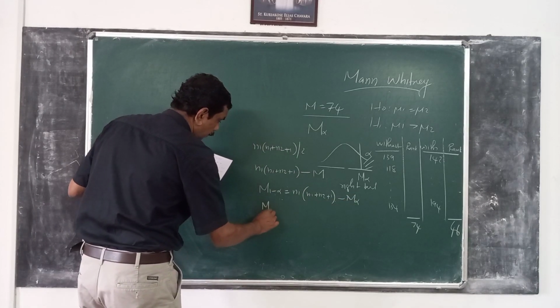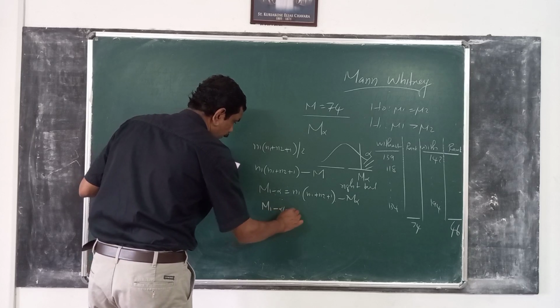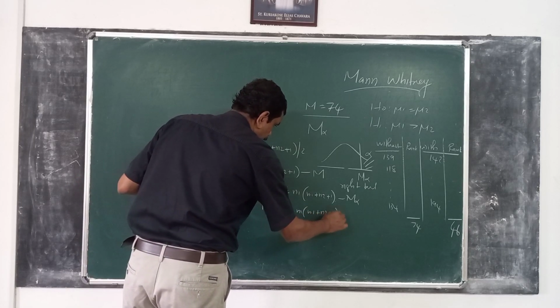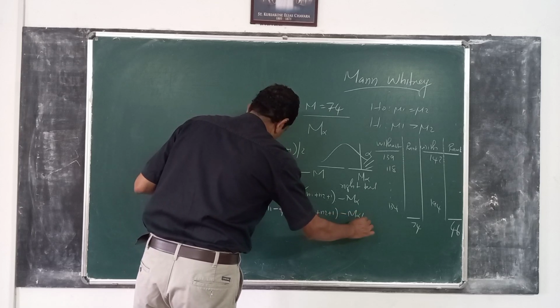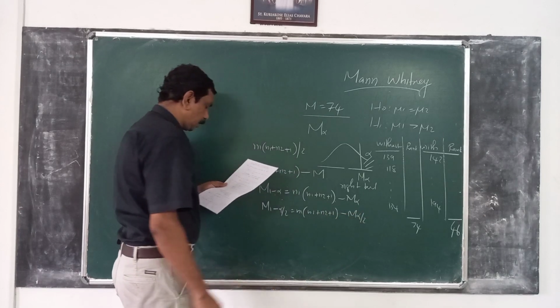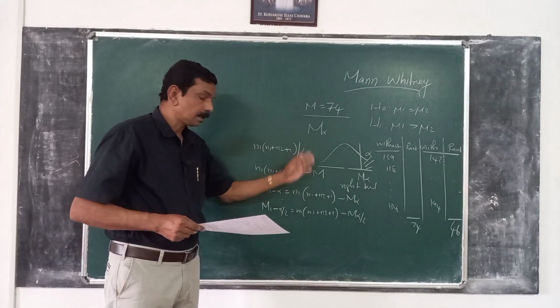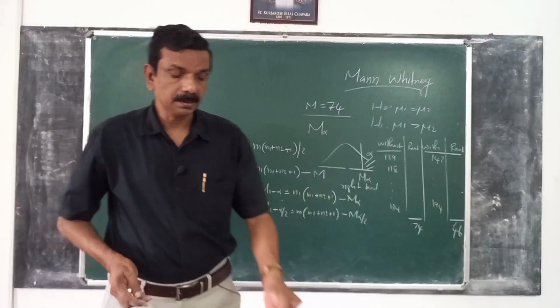Similarly, M 1 minus alpha by 2 is equal to n1 into n1 plus n2 plus 1 minus M alpha by 2. This determines the critical values for left tail tests.